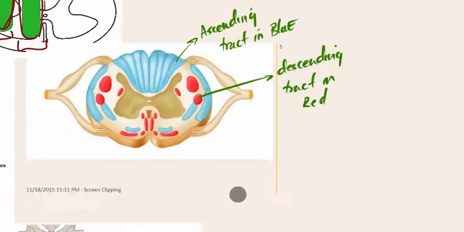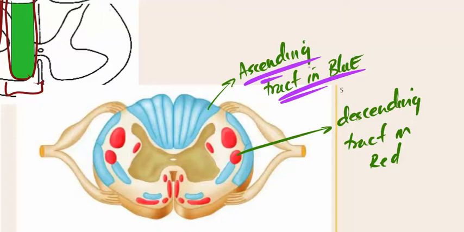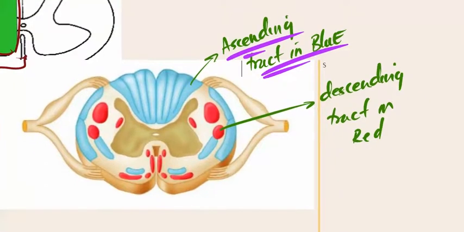So this is just showing you an example here. In blue you have the ascending tracts. Remember, what was this called? Dorsal root ganglion. What type of cell bodies are we going to find in here? Sensory cell bodies, right?